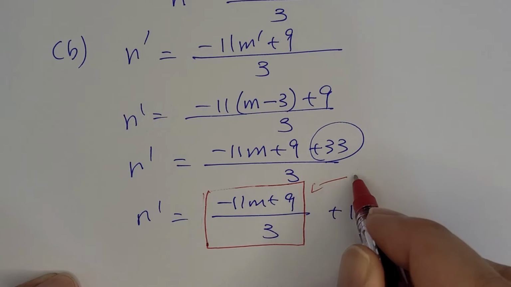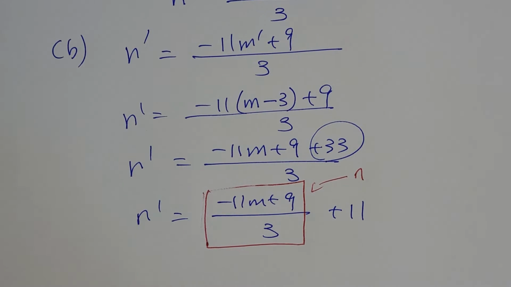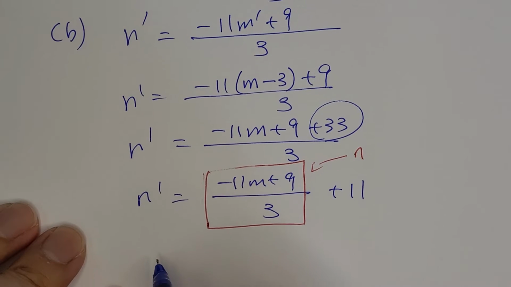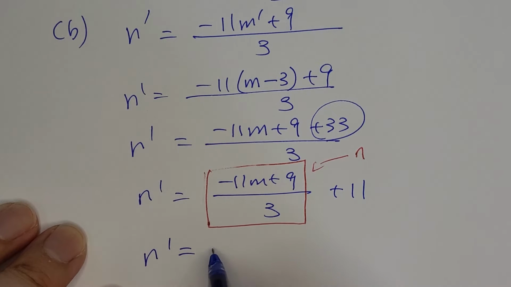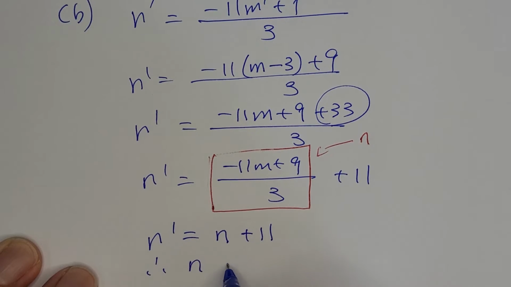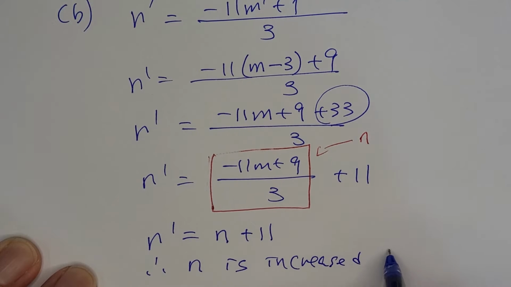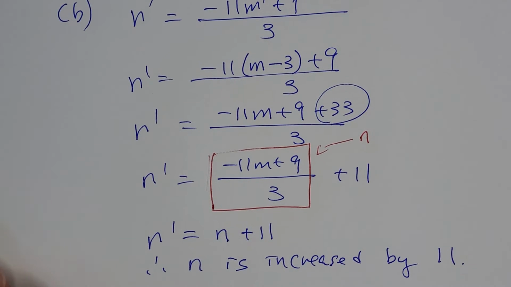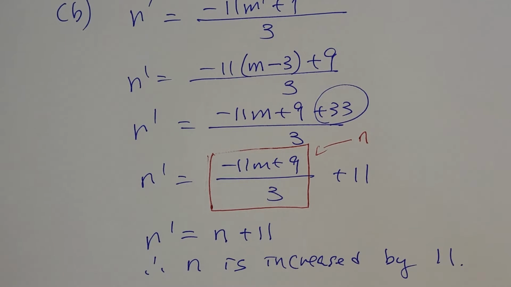This is the original value of n. Therefore, new value of n is equal to original value of n plus 11. So you can make the conclusion that therefore n is increased by 11. Alright, so that's the end of question number 5.